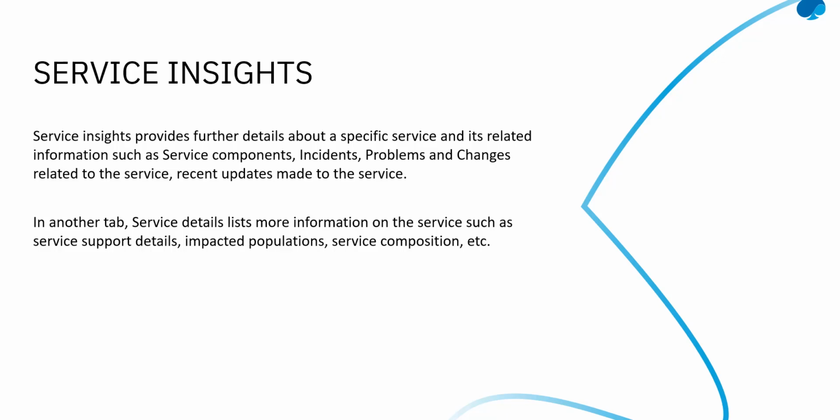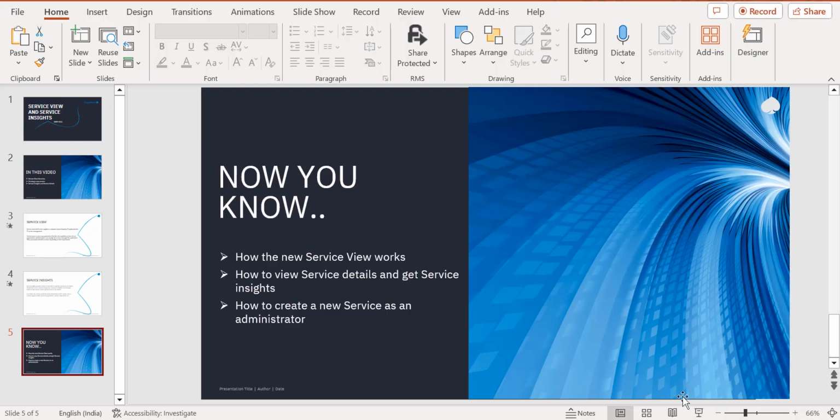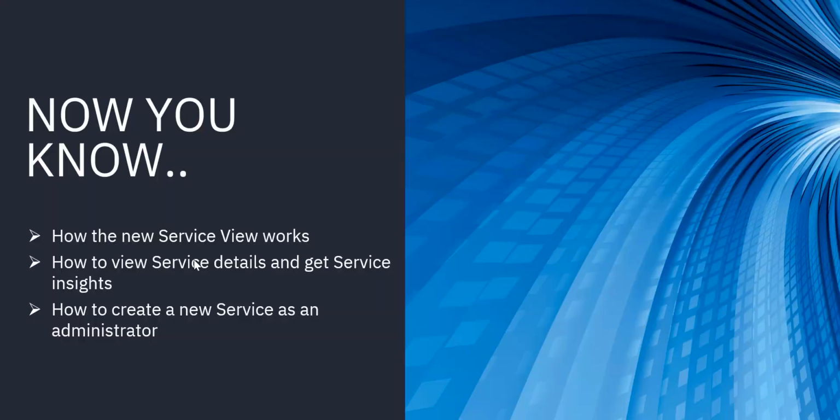So now you know how the new service view works. We saw how we can create a new service and how we go about looking at the service details and service insights, how to view these service details and get the service insights through these different tabs we saw right now in the UI.